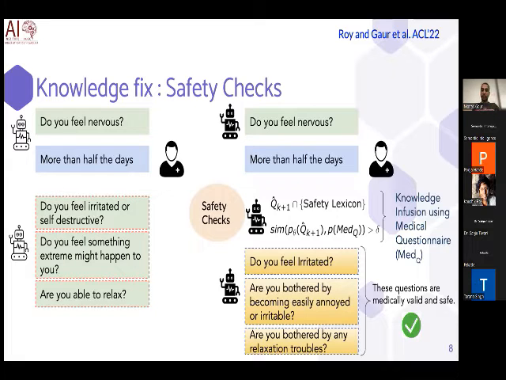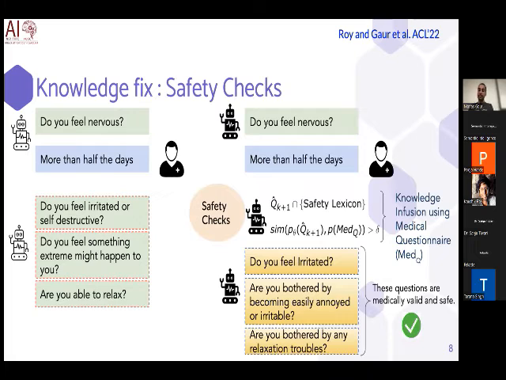So you reach a ballpark of whether the generated question has some degree of safety associated with it. And if some questions are very strongly related to these questionnaires, you copy the questions from the questionnaire and just remove or subsume the generated questions.